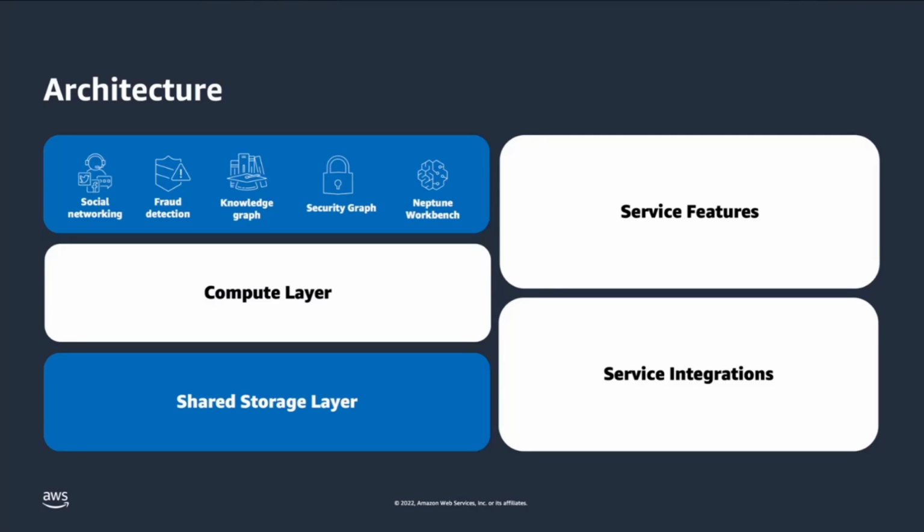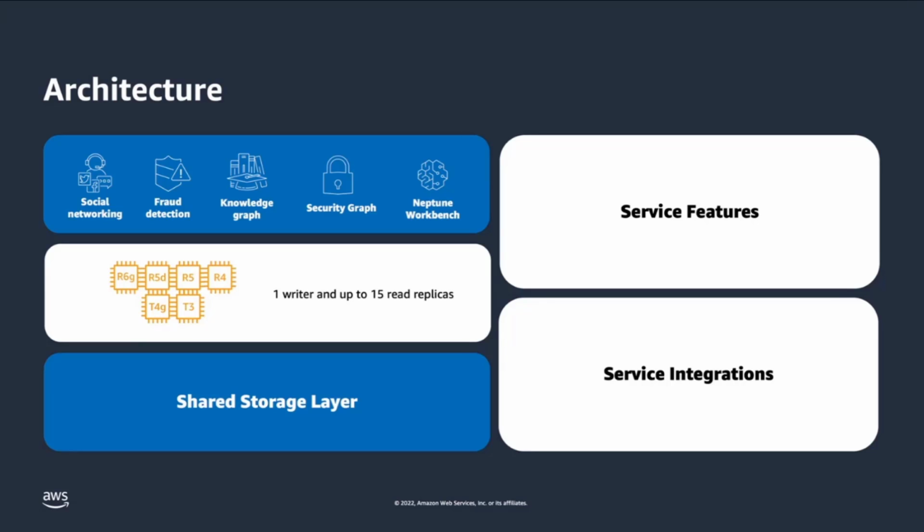As I mentioned, the compute layer in Neptune is separated out from the storage layer in a unique way for a cloud-based graph database. The compute instances are built to allow you to scale dynamically as your application requires. It's an instance-based database, so your compute layer can have up to 16 different instances.